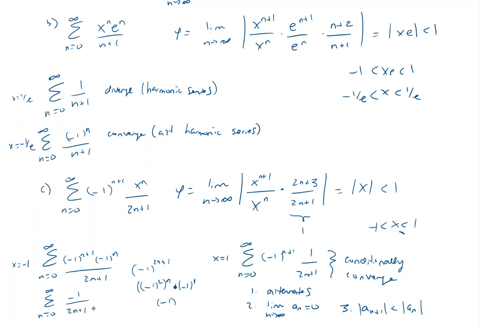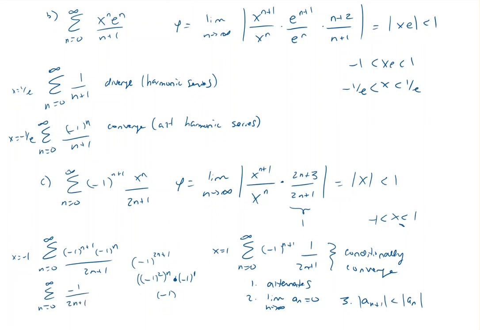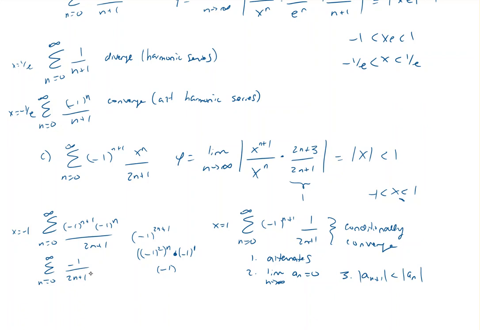And since it's not alternating, it can only either absolutely converge or diverge. If you do the limit comparison test with 1 over n, you will see it diverges. So therefore, x equals negative 1 diverges, x equals 1 conditionally converges, which is why that's our final.